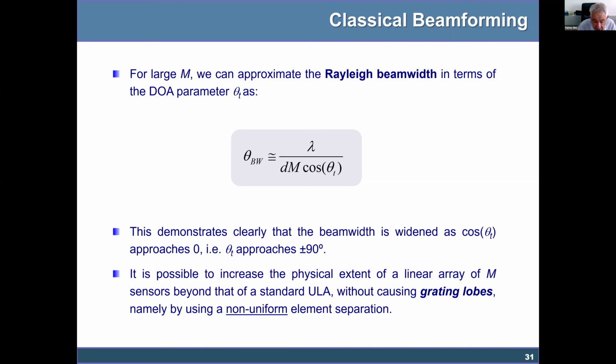non-uniform. Obviously, what is the price to be paid if you use a non-uniform linear array instead of a ULA? The price to be paid is that we cannot calculate anymore efficiently the output of the beamformer by using the FFT.